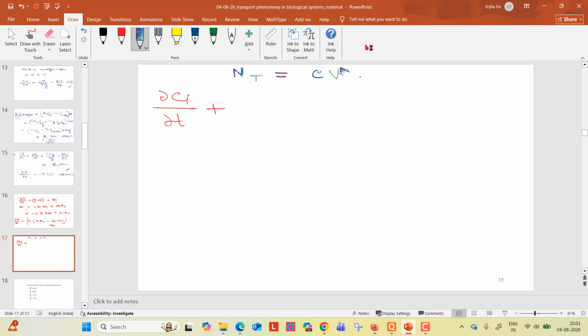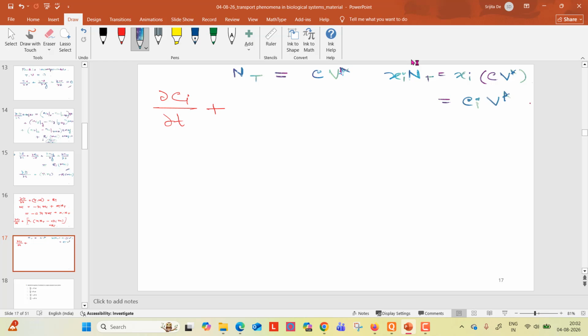Now Xi Nt will be Xi C V star, right? Also Xi C is the molar concentration Ci into V star, right?